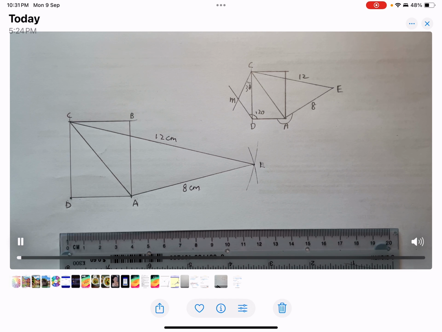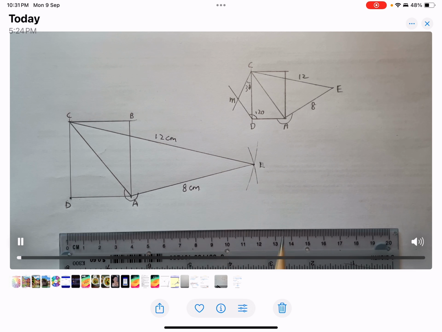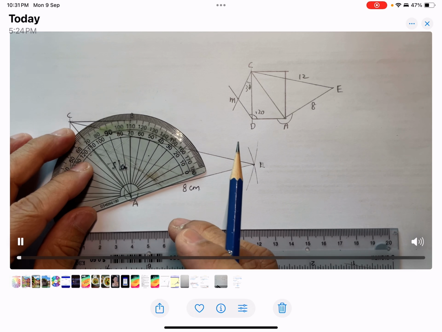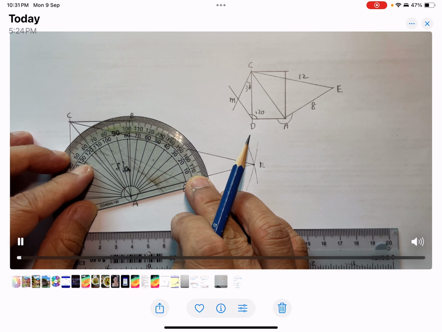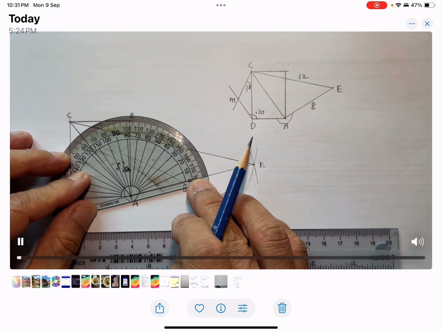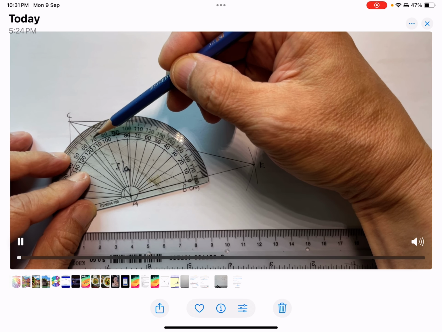In the second part, we have to measure the reflex angle CAE. CA is here, so to measure the reflex angle, we actually measure the angle that is next to it. That is the obtuse angle CAE. Measuring the obtuse angle CAE, the angle is 116 degrees.